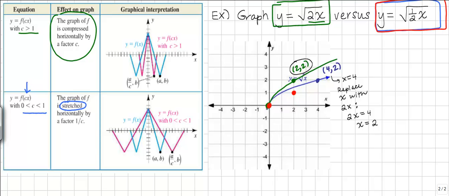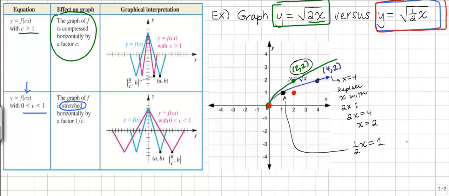And what I would note on my original is that if I had the point 1, 1, where did it go? Right here, where the y is 1. Essentially what I'm doing is taking x and replacing it with 1/2 x.